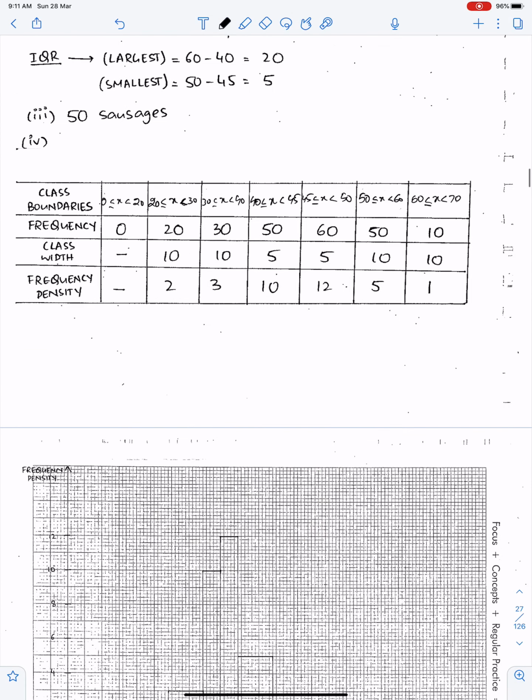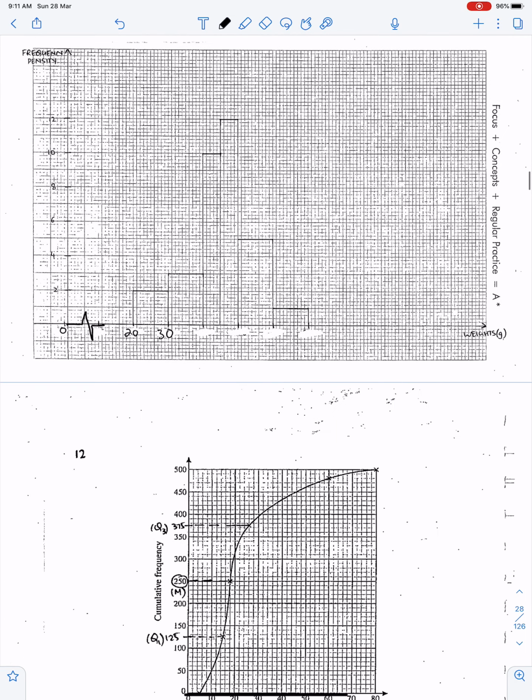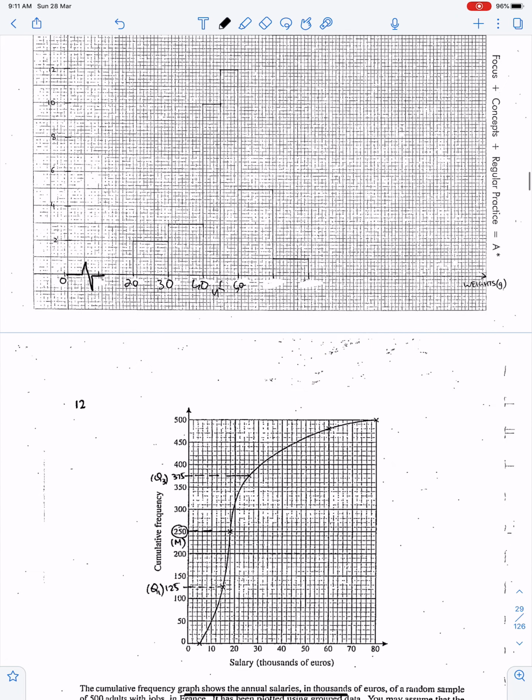The next bar is 30 to 40. Sorry. The next one is 40 to 45. Then I guess 50. Then 50 to 60. And then 60 to 70.